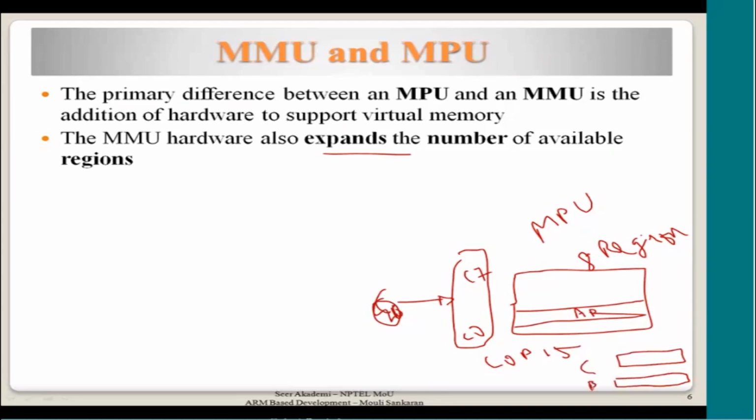So all these three units were controlling one region of the memory. We said the regions were 0 to 7, 8 regions, and each of them was different based on the number.